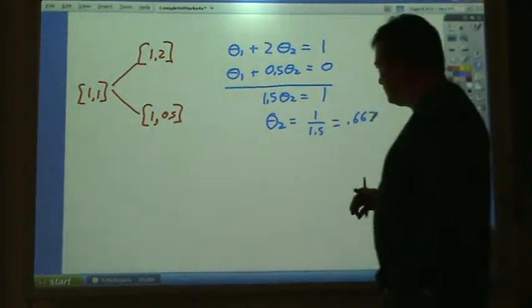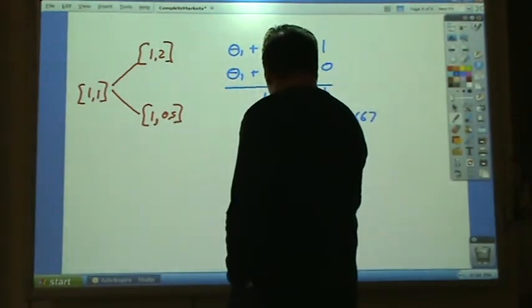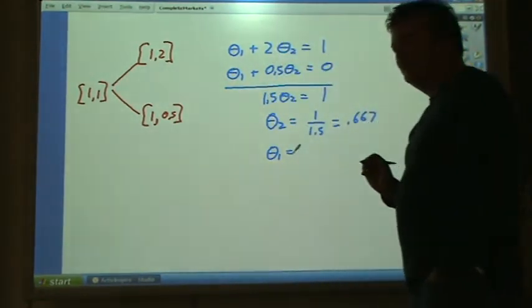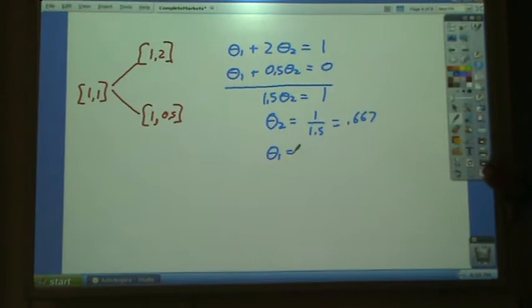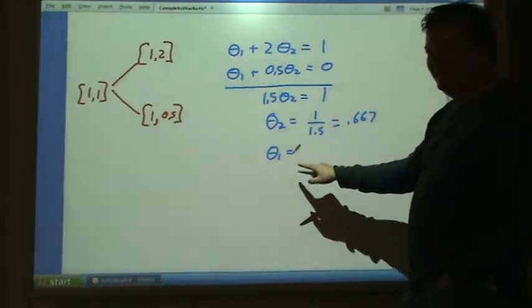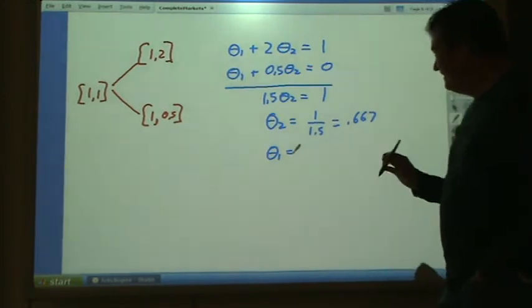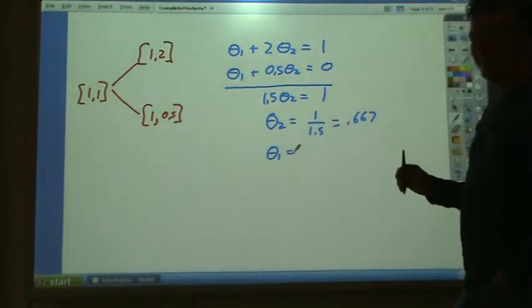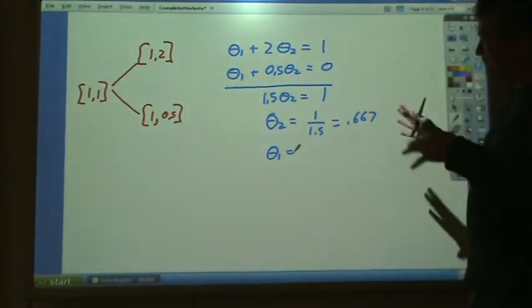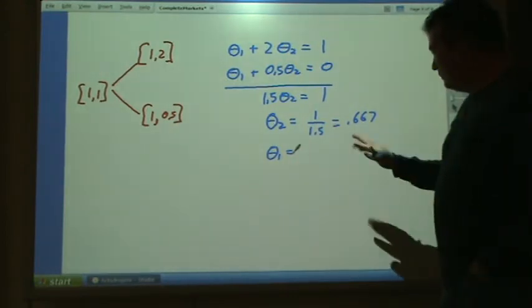And therefore, theta 1, does this ring a bell from linear algebra? Solving simultaneous equations. That was the beginning of linear algebra. Actually, we could throw this into a matrix. But what would theta 1 be?